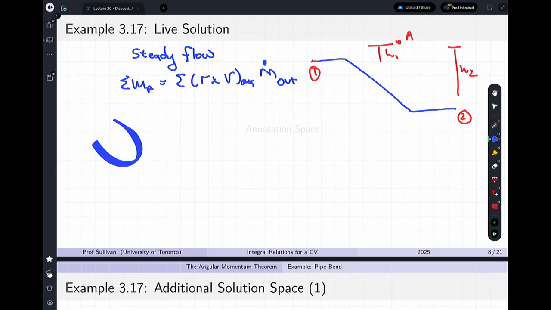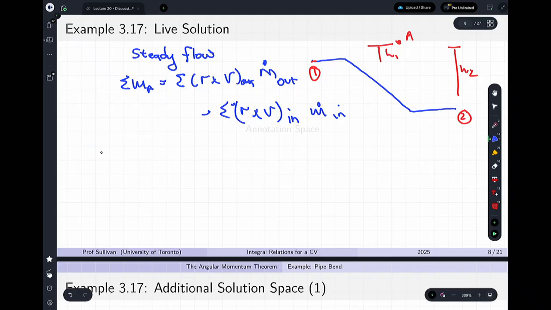So you have all of the material that's going out and all of the material that's coming in. So R cross V in, m dot in. And that's one of the nicest curves I've ever drawn.